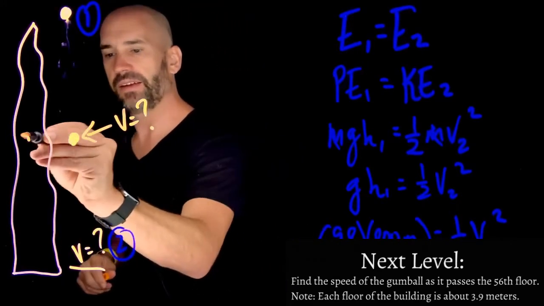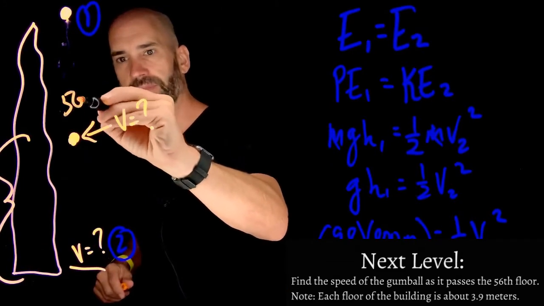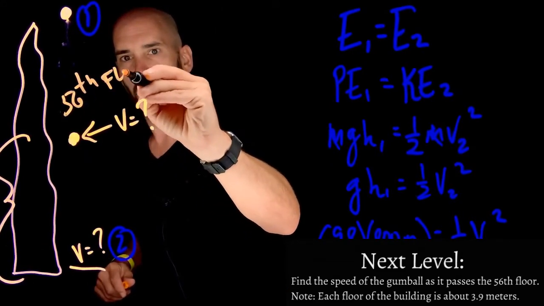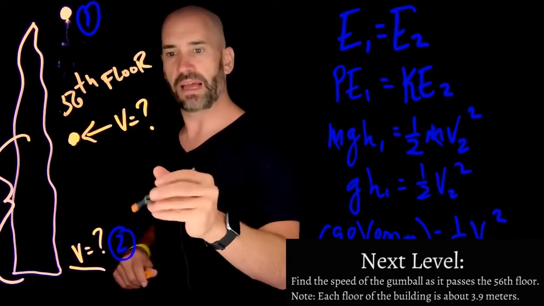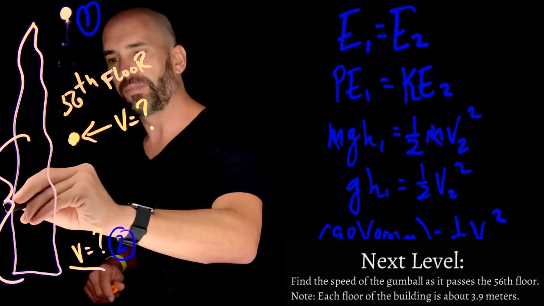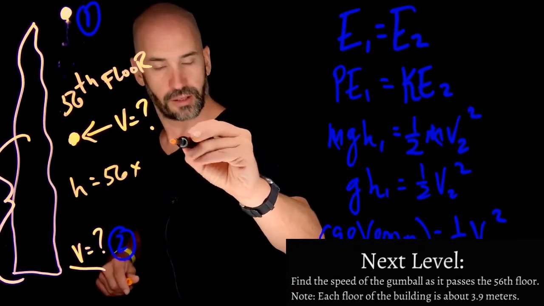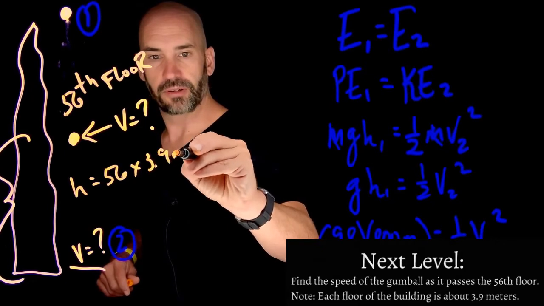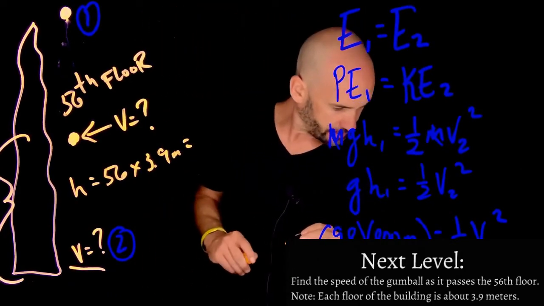And we know that this is the 56th floor of this really, really tall building. Okay? And we know that each floor is 3.9 meters, so we can find this height here, right? This height should just be 56 floors times 3.9 meters per floor. Okay? Now, what do I get when I do that?